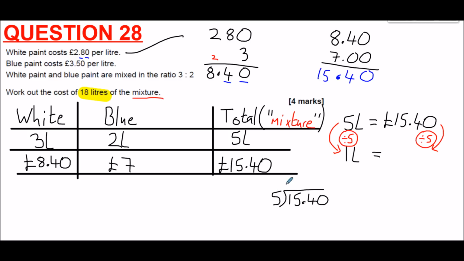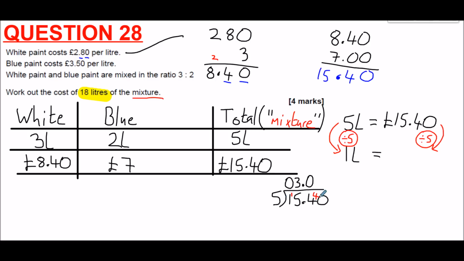So 5s into 1 won't fit, so we've got 1 left over, which is the remainder. 5s into 15 goes exactly 3 times. Just make sure the dots line up. 5 into 4 doesn't fit, so it goes 0 times, and that 4 is still left over as a remainder.